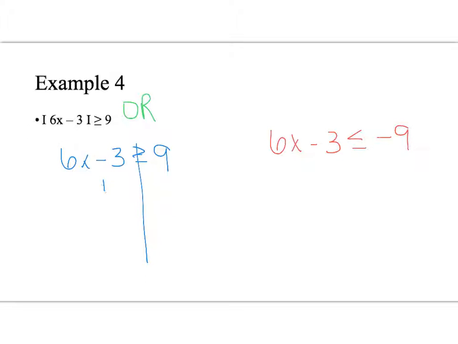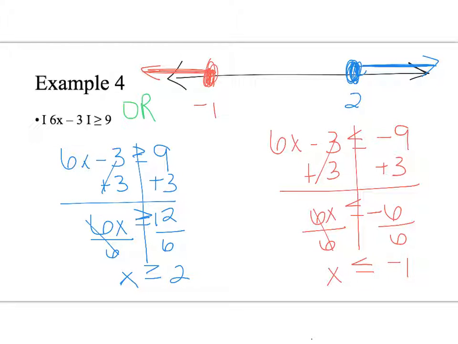So in blue, I'm going to add 3 to both sides, and I'll have 6. So our notation would be from negative infinity to negative 1, closed circles get brackets, or 2, closed circles get brackets, to positive infinity.